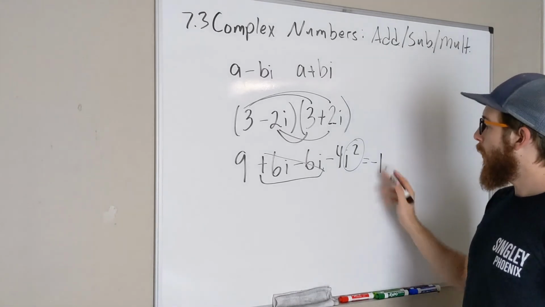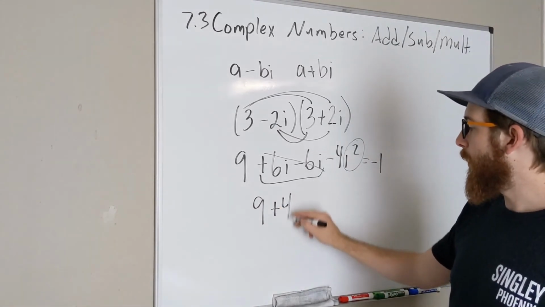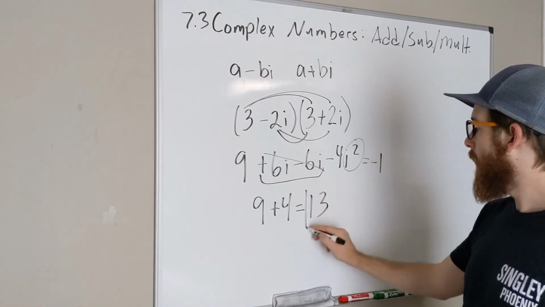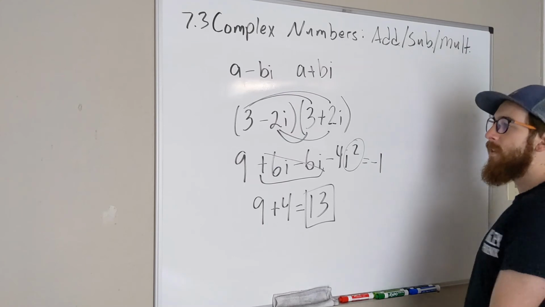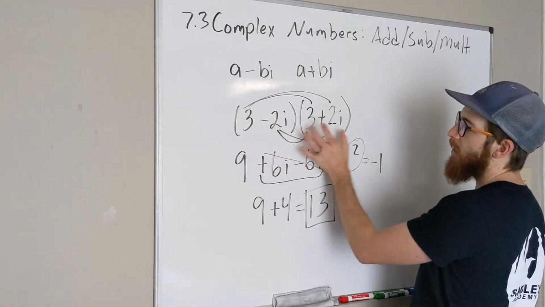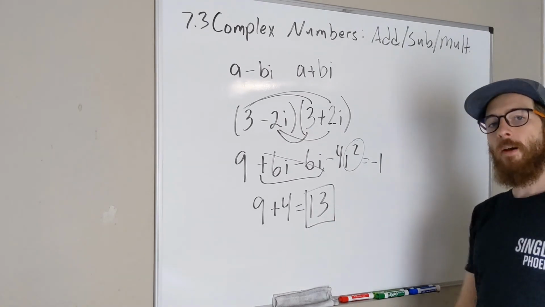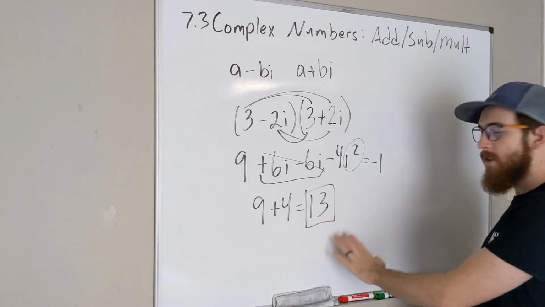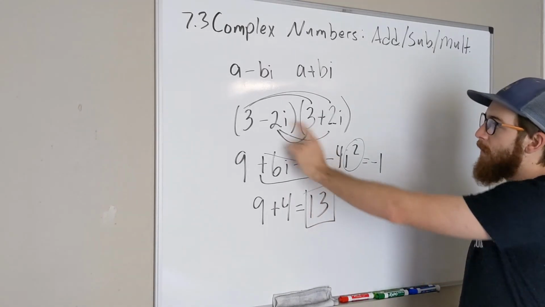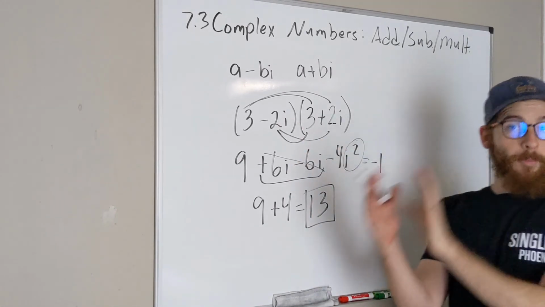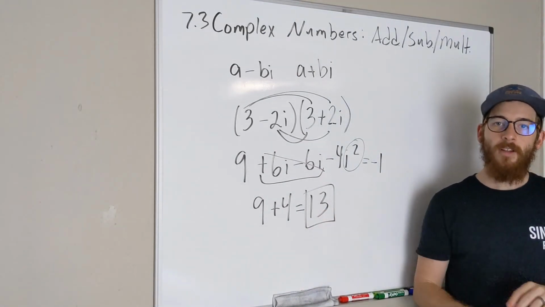Negative 1. What's negative 1 times negative 4? Positive 4. And so our answer is just a number. So anytime we have the complex conjugate being multiplied, you should always get a real number. So no i's, no imaginary pieces, just a real number. So anytime we're multiplying a complex number by its complex conjugate, we'll get a real solution.